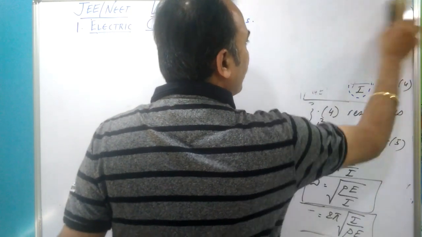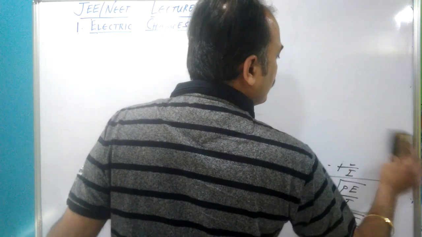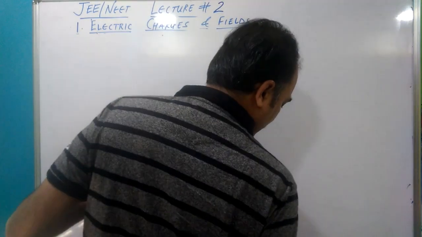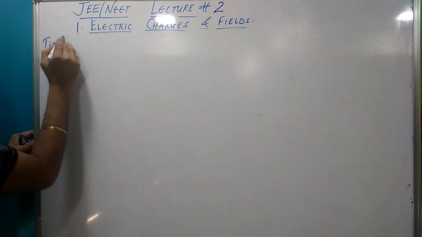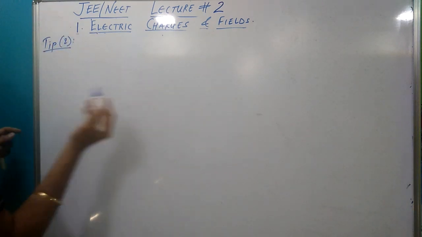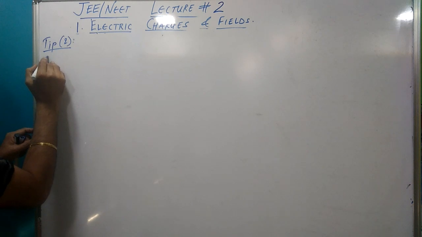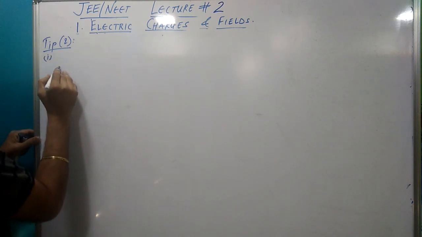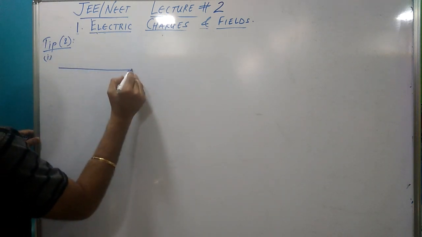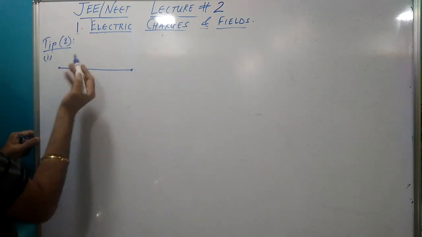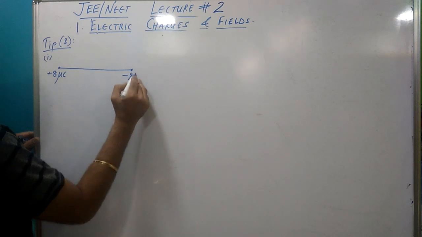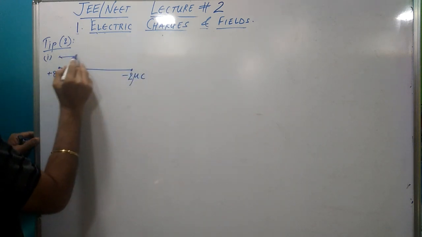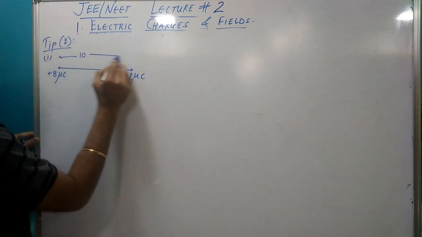So please look at this carefully. Maybe many of you already know the type of problem. I'll call it tip 2. Suppose this was case 1. I have two charges, let us say plus 8 microcoulomb and minus 2 microcoulomb at a distance of 10 centimeter.